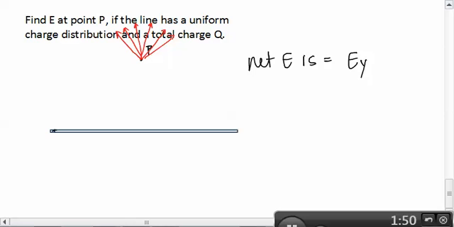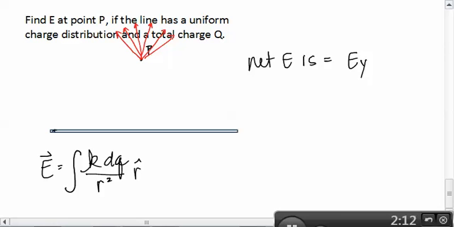So a couple things that we know. We know that we can find the net electric field vector by summing up all the contributions of all the electric fields due to the little charges smeared along this length in a particular direction.